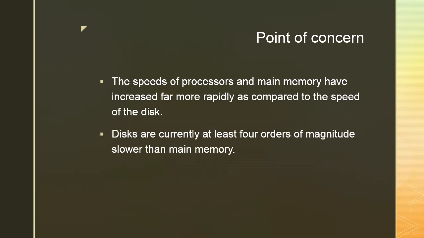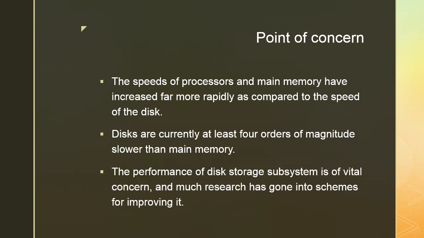Disks are currently at least 4 orders of magnitude slower than main memory. That is, main memory is 10,000 times faster than the disk. This gap is expected to remain in the future. The performance of disk storage subsystem is of vital concern, and much research has gone into schemes for improving it.